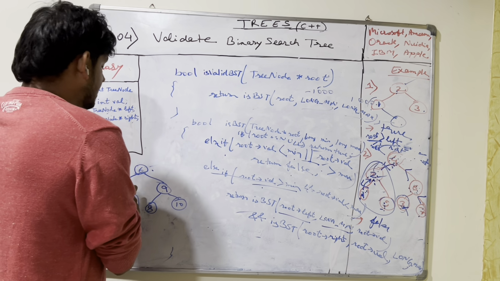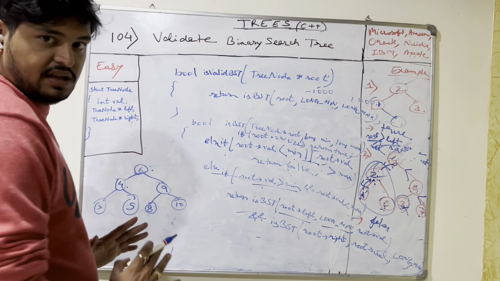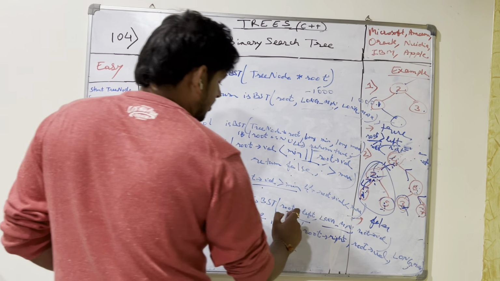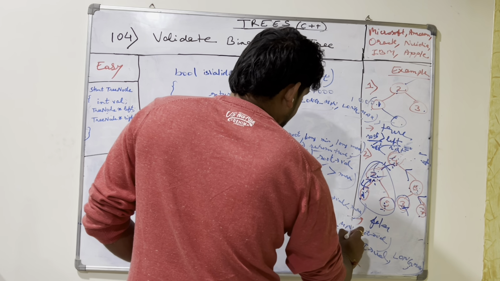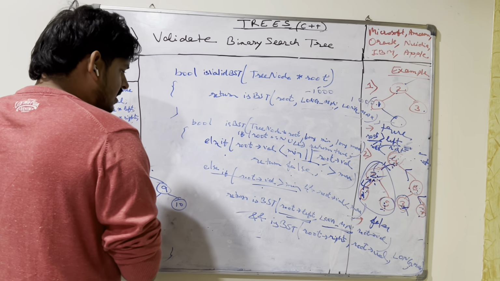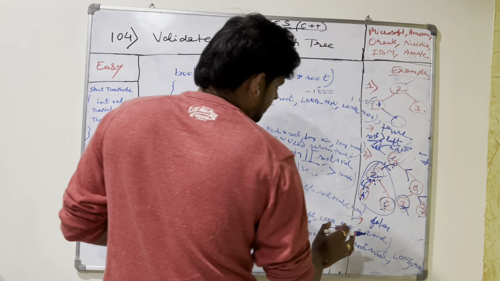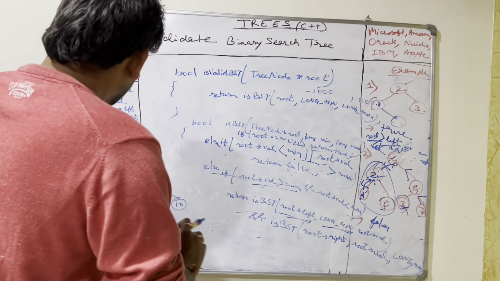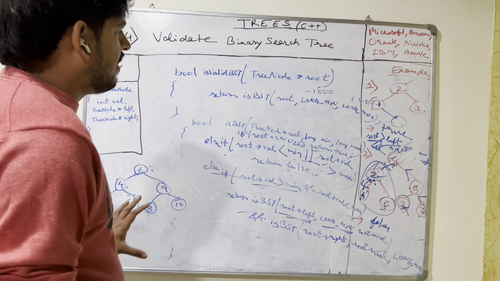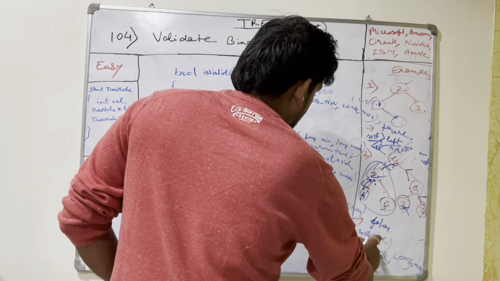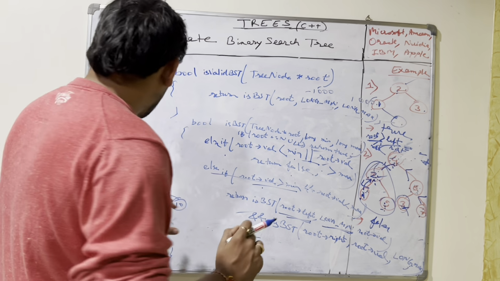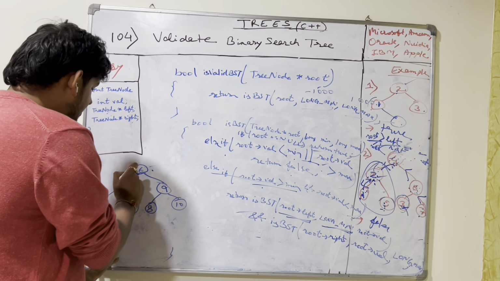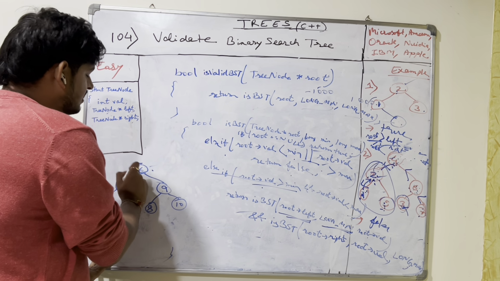We need to see, is the left subtree a BST? So when we went to the left, the left part could have the long minimum, whatever the minimum value is there, say minus 1000. But what would be the maximum value? The condition here is that it cannot be greater than this 6.